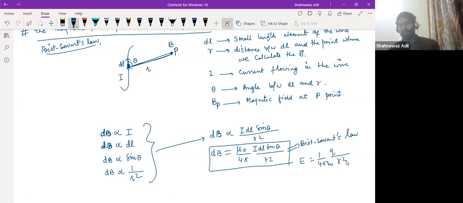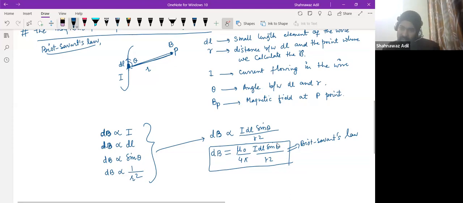We see that the variation is quite similar: this is 1 over r square, and that is also proportional to q. We will always take the analogy. So this is Biot-Savart's law.